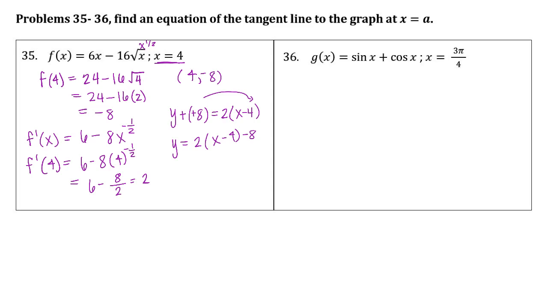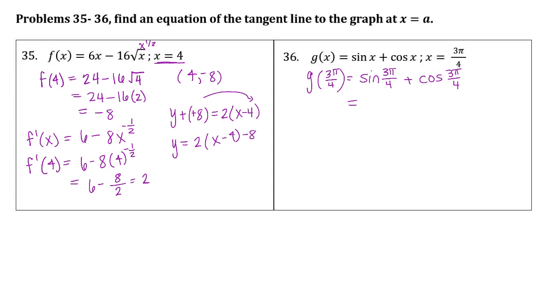Even though it's trig, it's still doable. So here, again, first thing, we need to find g at 3 pi over 4. We need to do that substitution. So I have sine of 3 pi over 4 plus cosine of 3 pi over 4.